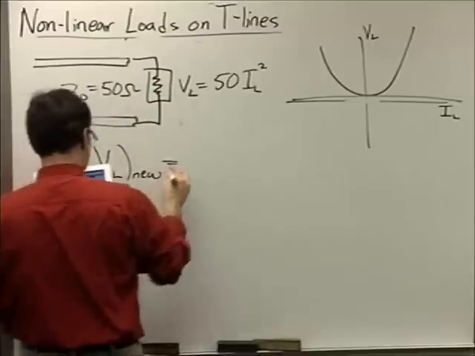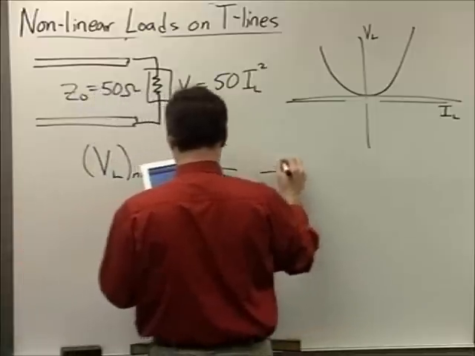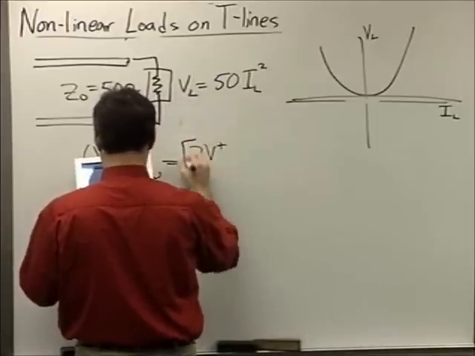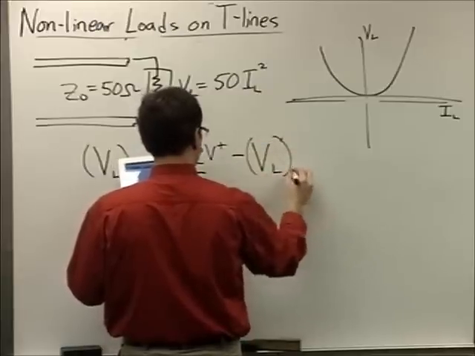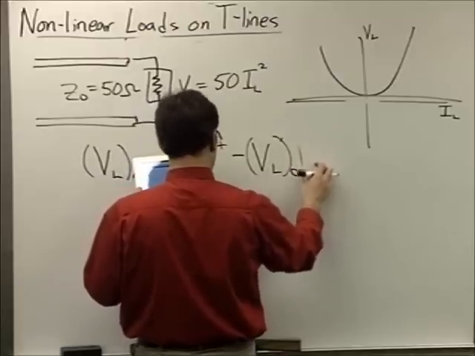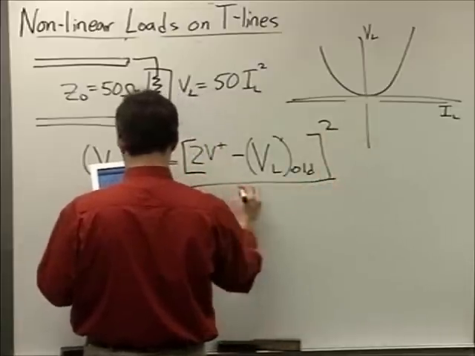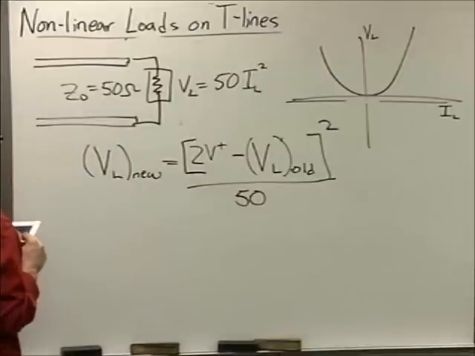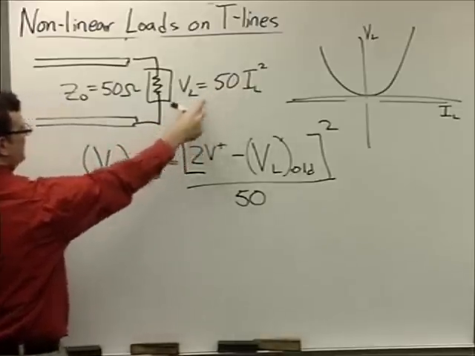So copying down from here, I've got 2V plus over 50 ohms minus, actually I'm going to rearrange all this, VL old quantity squared divided by 50 ohms is equal to my VL new. And that's just rearranging that equation with the following constitutive relationship.